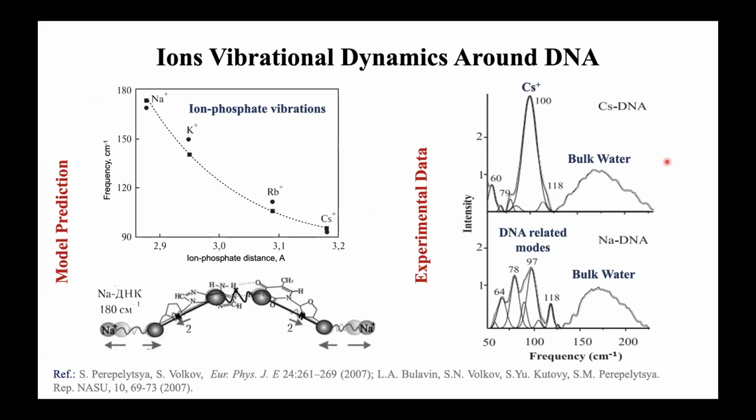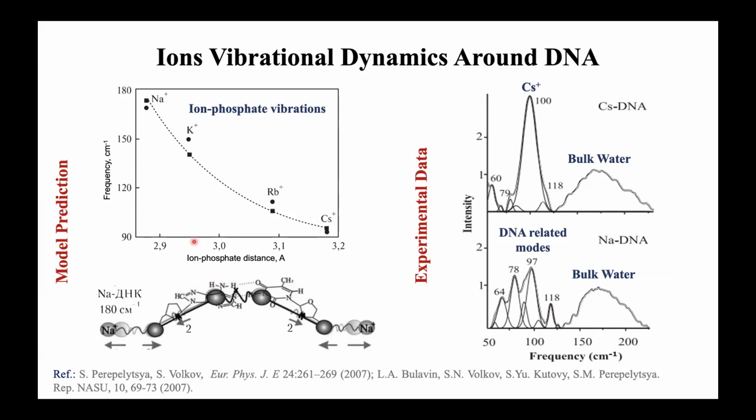So in particular, the vibrational dynamics of ions near the phosphate groups of DNA were studied within the framework of the dynamic ion-phosphate lattice model, which was explained very well yesterday by Dr. Prepelitsa.